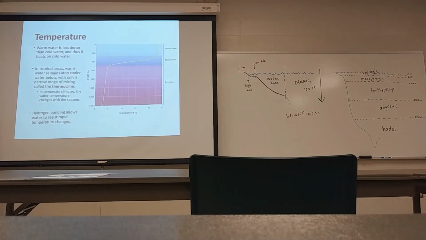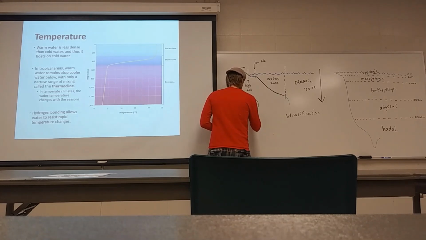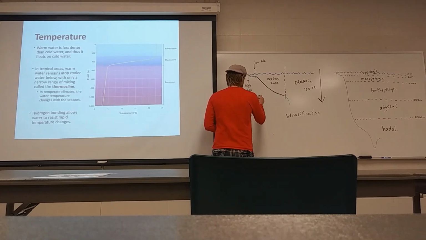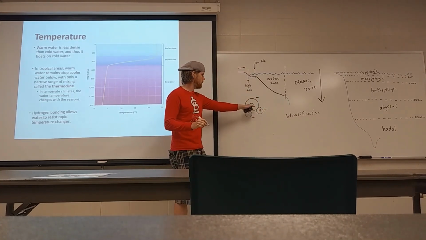Water does change temperature, but it generally does it more slowly than you might expect because of something called hydrogen bonding. I'll show you. Here's a water molecule, 2 hydrogens and an oxygen. We're not going to talk about how this happens, but water has a charge to it.